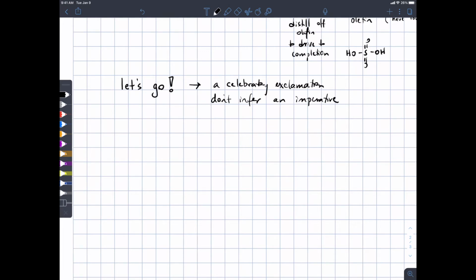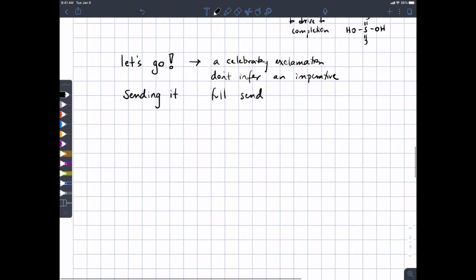The other one was "sending it," to send, or also "full send," as opposed to half send, I guess. I don't know. And that's encouragement to do something dangerous and stupid. Or do something hard? Okay. And then there's another one that I've struggled with, which is "yeet."